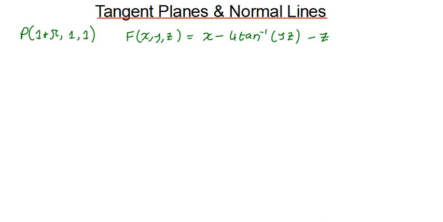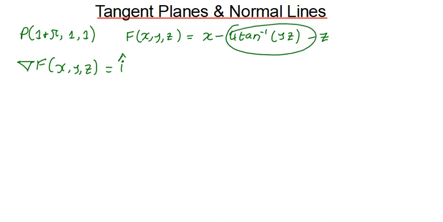So what's going to be our normal vector? We have the gradient of f. Differentiating with respect to x, I'm getting i. Now when you're dealing with inverse trig functions, I'm sure there are a lot of methods you can use.